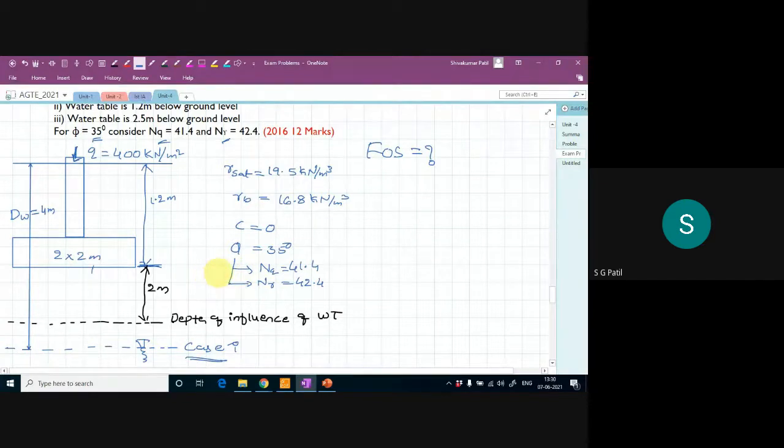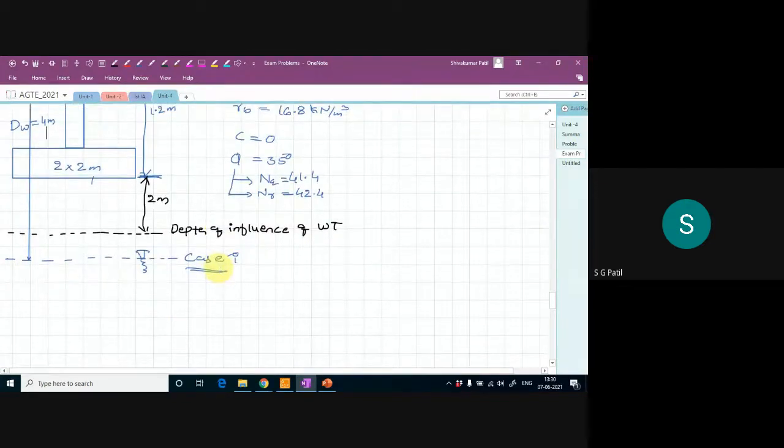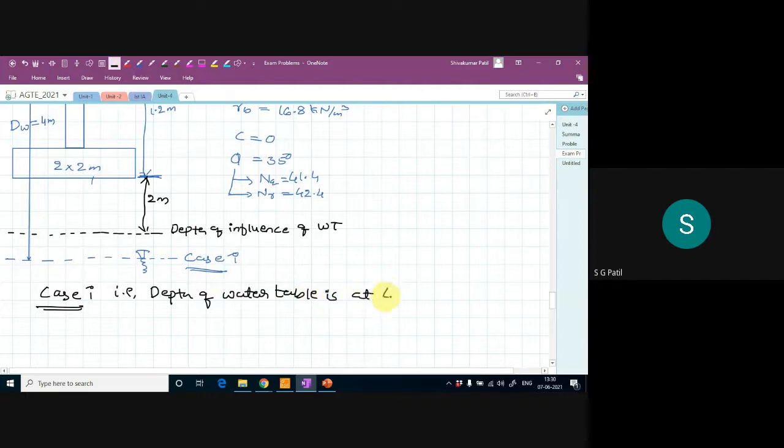Okay, so first case number 1 I will write. Case 1: depth of water table is at 4 meter from ground level.